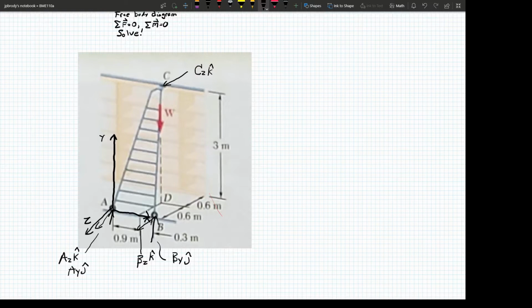What did we say? It's 100 kilograms times g, and that acts, we'll call it negative because it's going down. So it's a negative 100 kilograms times g in the y direction, so j hat. That's that vector.